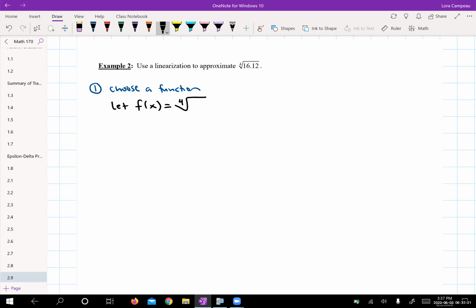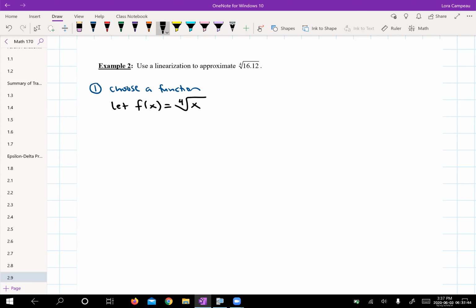I think I can find the derivative of this. I have to have it in terms of x. So let's go with this. F of x equals fourth root of x.